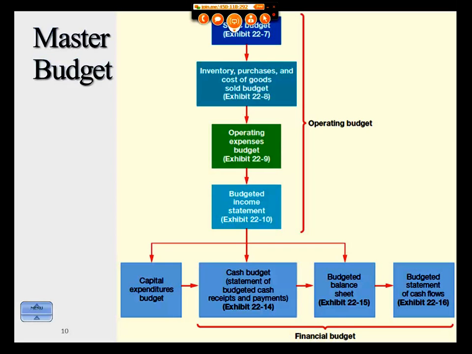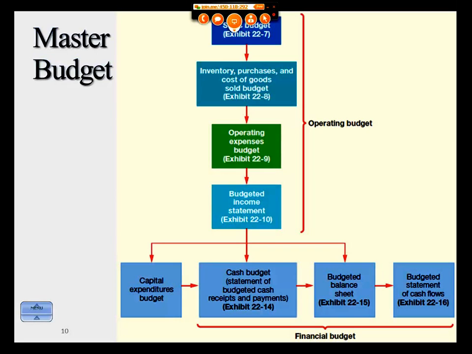Then we said the next one is your capital expenditure budget. So first you'll create your sales budget, then inventory purchases and cost of goods sold budget, then operating expenses, and then your income statement, budgeted income statement. Once you're done with these four, you can say that your operating budget is good to go. You're done with it.